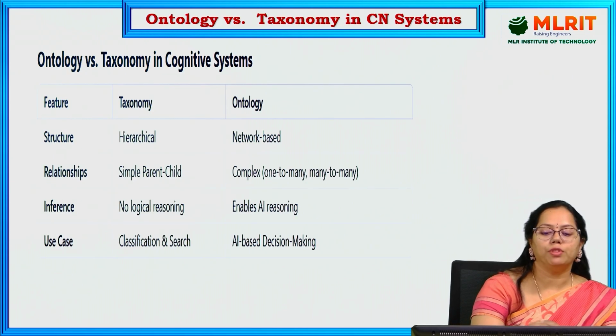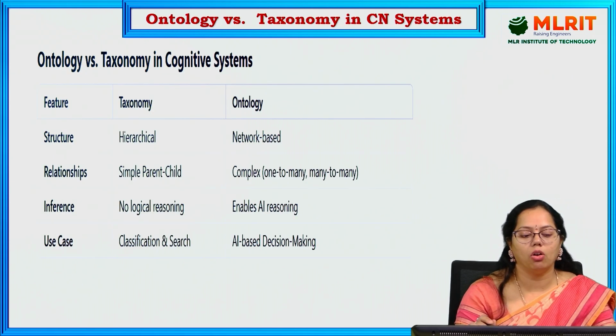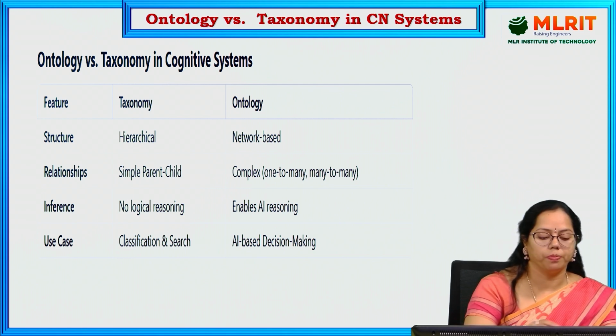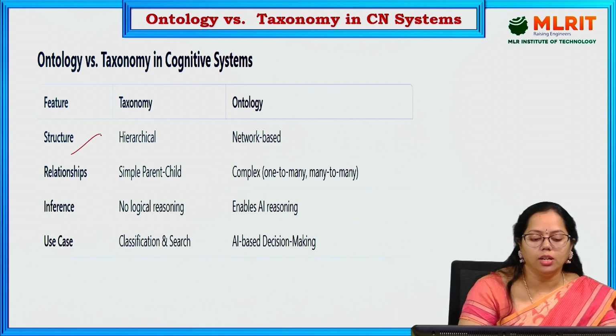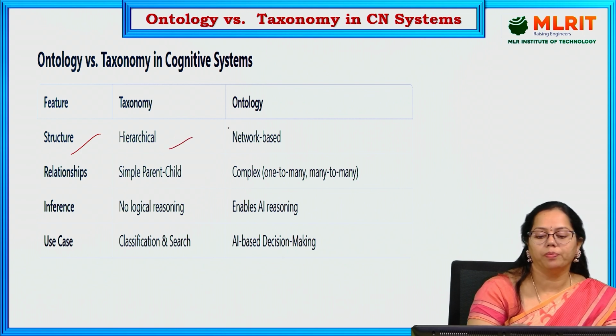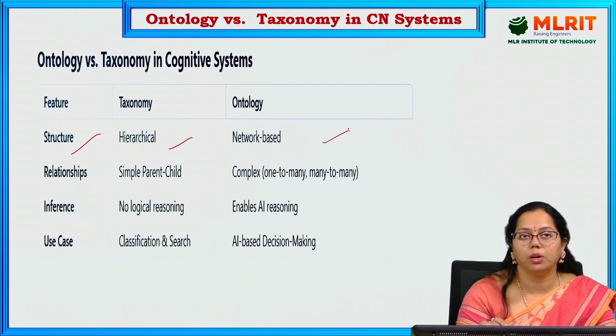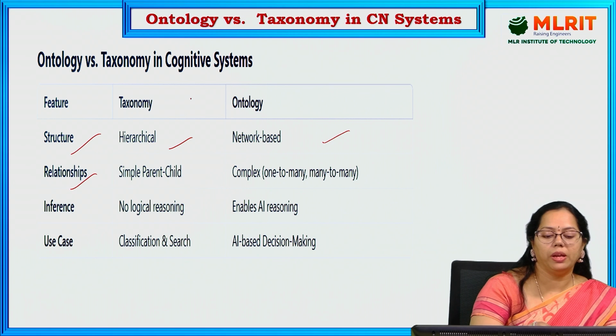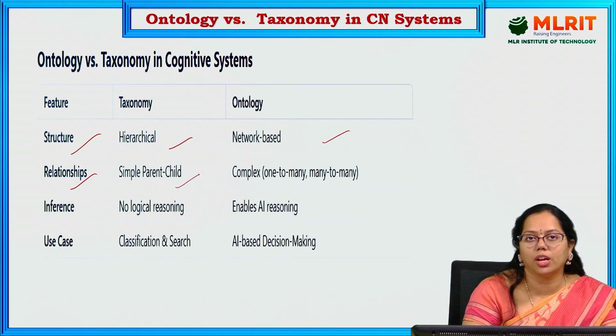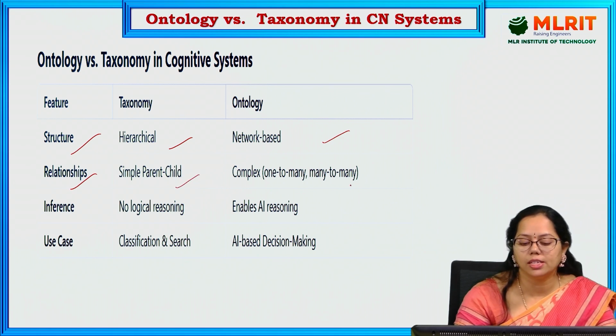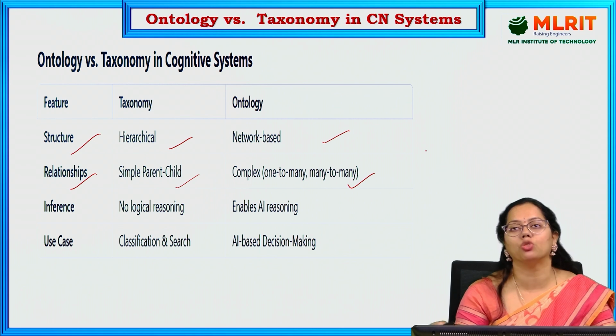Now let's see the difference between taxonomy and ontology. Ontology versus taxonomy in cognitive systems. The structure in taxonomy is hierarchical, and in ontology it is network based. The relationship in taxonomy is single parent-child, whereas ontology has complex one to many, many to many relations.